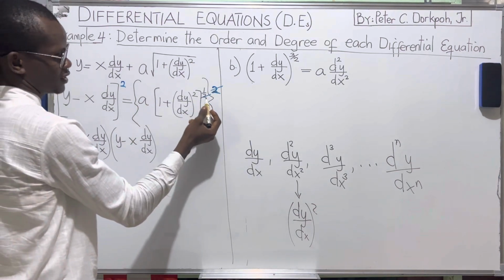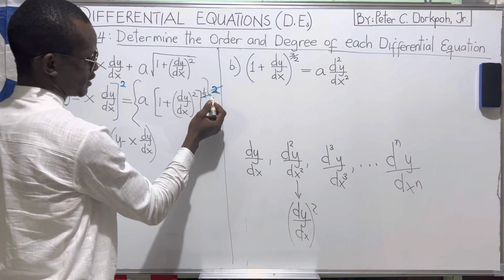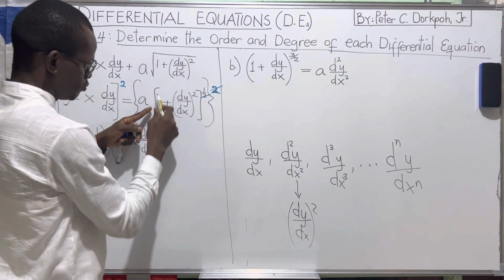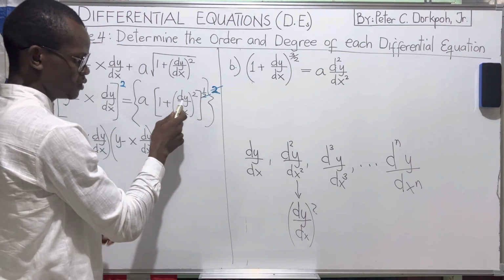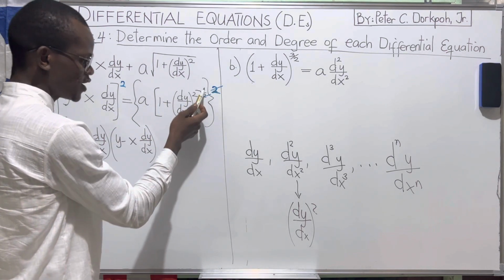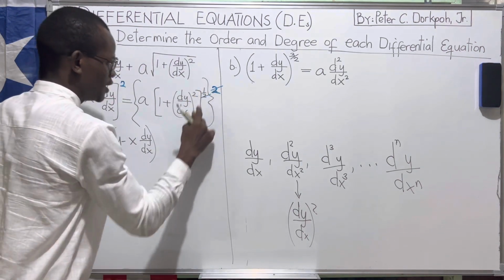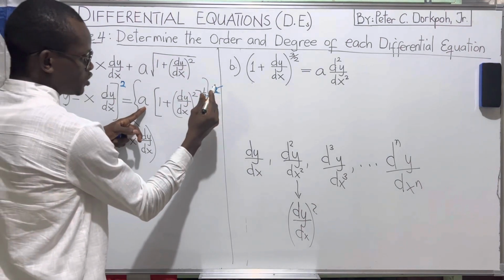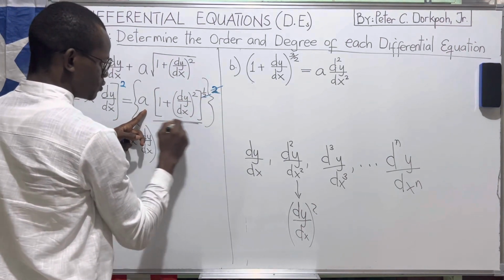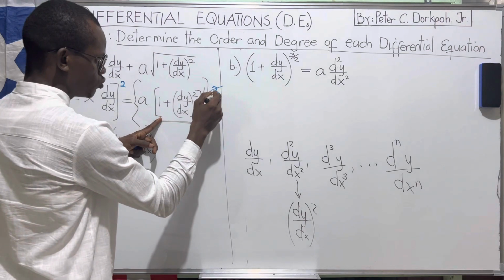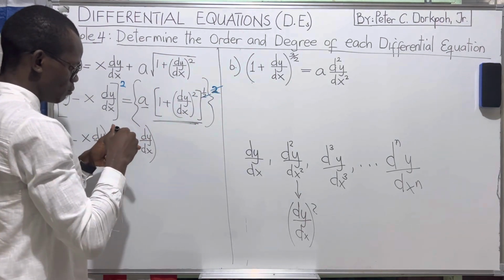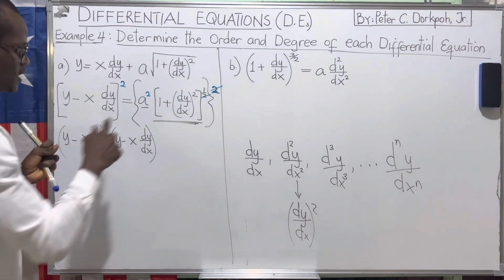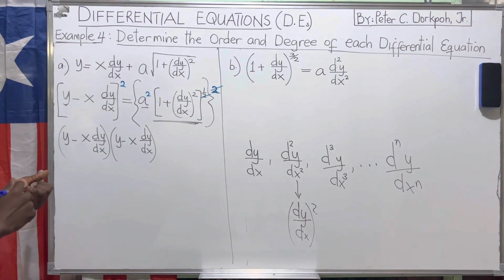Now, this expression here is a times the bracket 1 plus dy by dx all squared, raised to the power half. But remember, it is this entire expression that we are raising to the power 2. So this expression must be raised to the power 2, and this a must as well be raised to the power 2, because it is each factor on the right hand side of the equation.